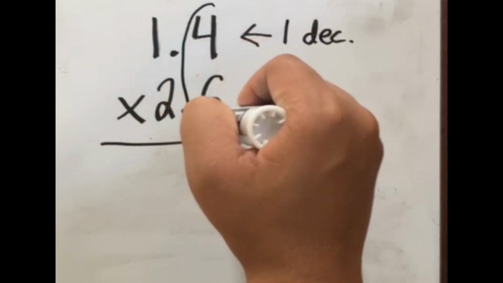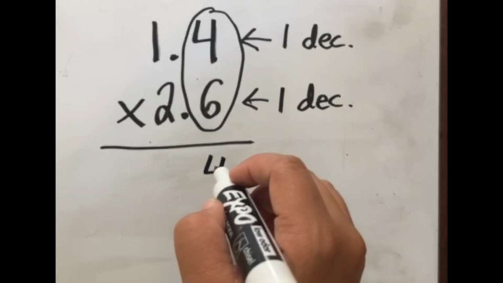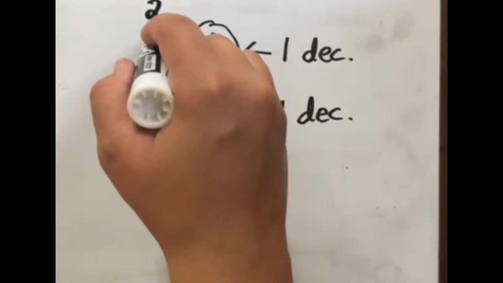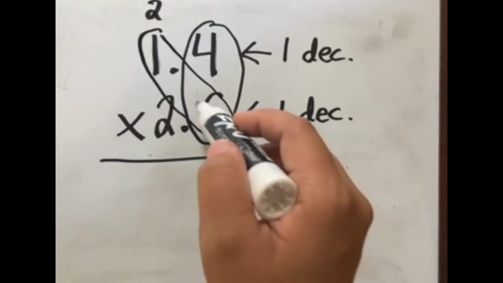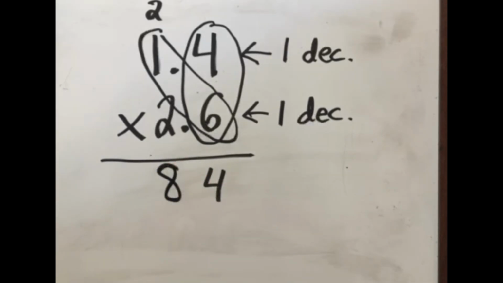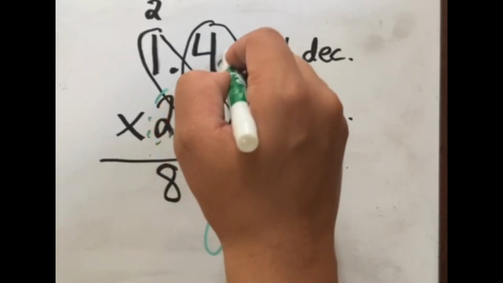So 4 times 6 is going to be 24, so we write the 4 and carry the 2. Now we're going to do 1 times 6, multiplying diagonally, which will be 6, and add the 2, we will get 8. Now we're going to put a 0 in our second row, indicating we're going to the next number.